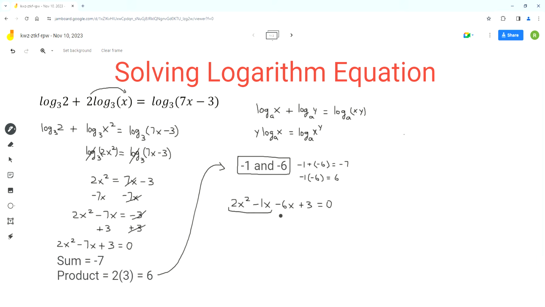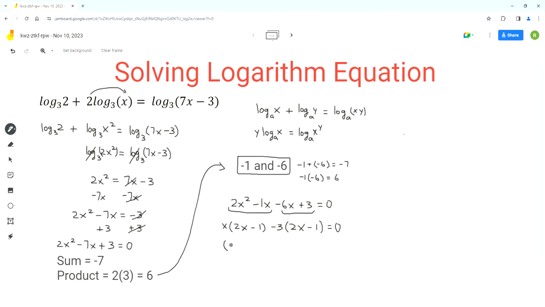Now we can pair up the terms and use the grouping method. So from the first pair we can factor out an x. So we are left in the parentheses 2x minus 1. And from the second pair, since the first term is negative, we can factor out -3. So we are left with 2x minus 1. Now we can factor out this 2x minus 1.